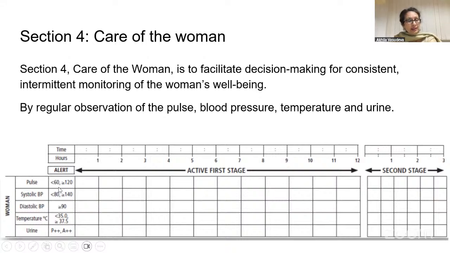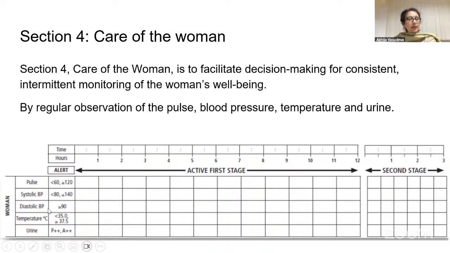Pulse less than 60, more than 120, systolic BP less than 80, more than 140, diastolic BP more than 90. That means any patient who is going into shock, either due to dehydration or prolonged labor or sepsis or blood loss or whatever reason, you should be able to pick up because the systolic BP starts going down. And any patient with preeclampsia, you should be able to pick up here.